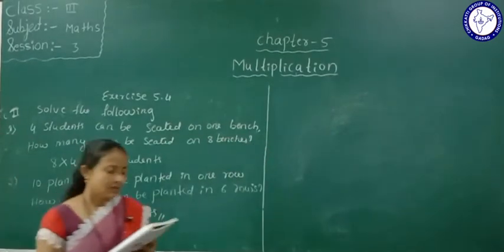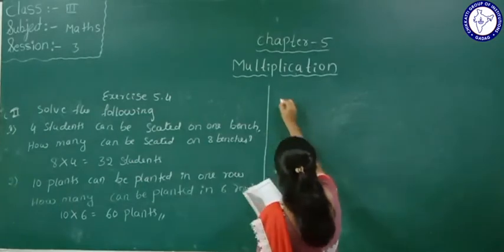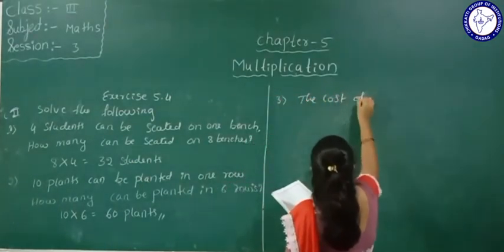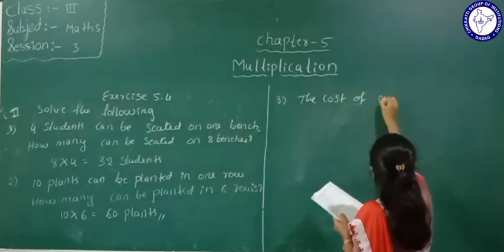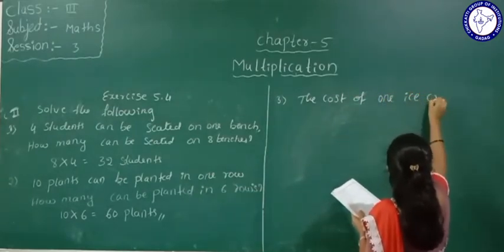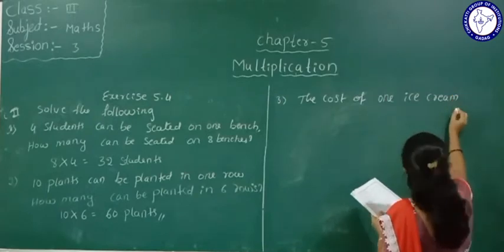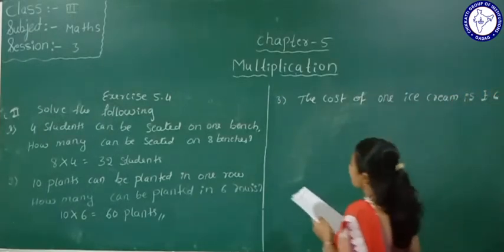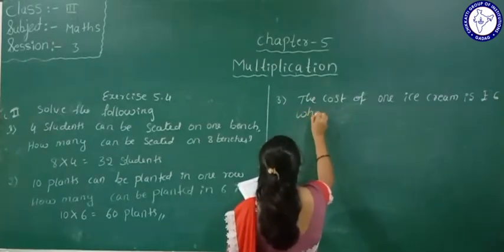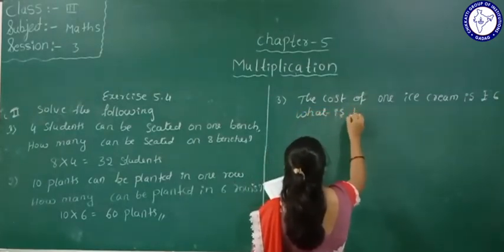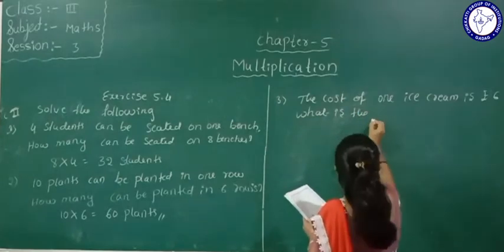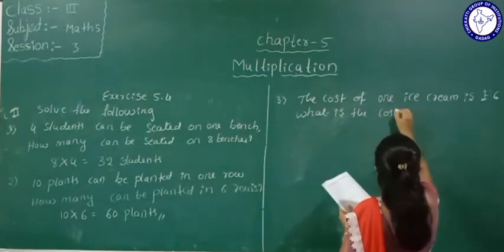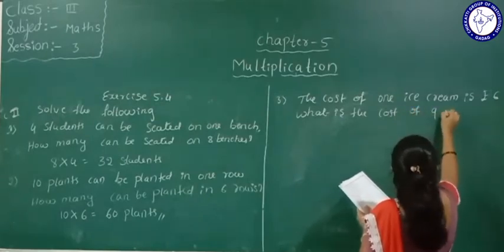Third one: the cost of one ice cream is rupees 6. What is the cost of 9 ice creams?